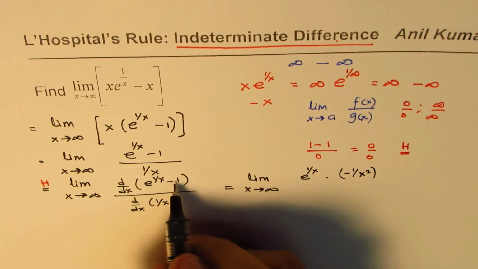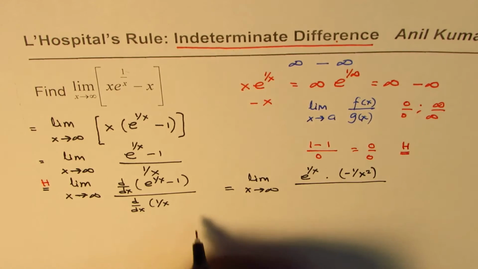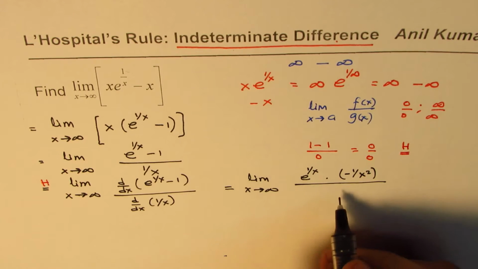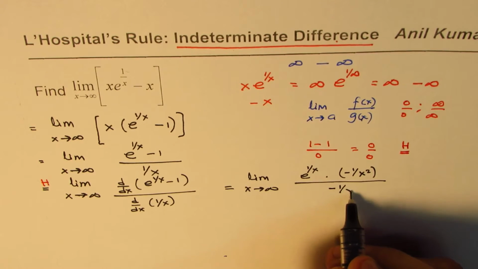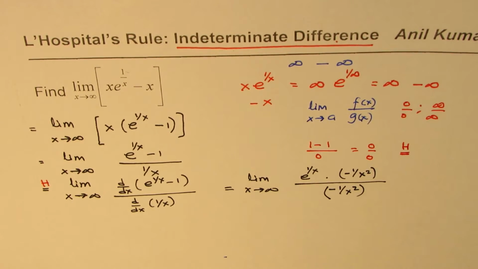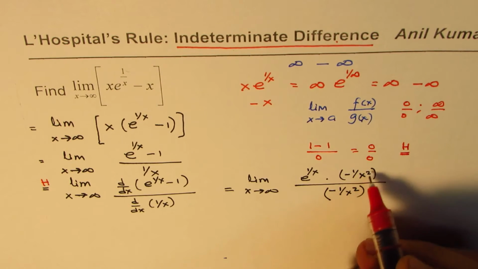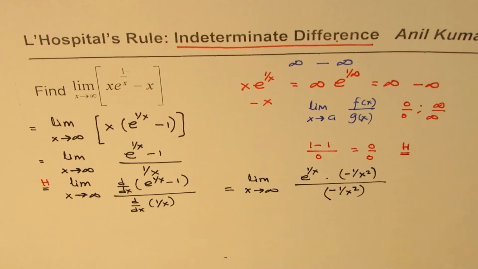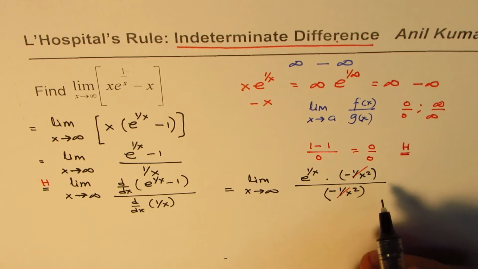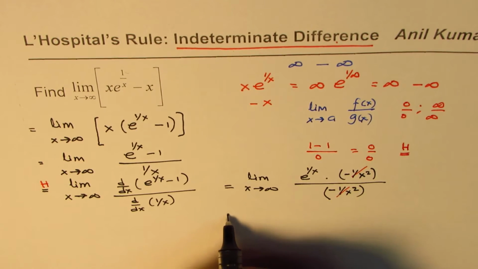The derivative of 1 is 0, okay? And the derivative of 1 over x is minus 1 over x squared. Now in this expression, minus 1 over x squared and minus 1 over x squared cancel off, so it can be simplified.